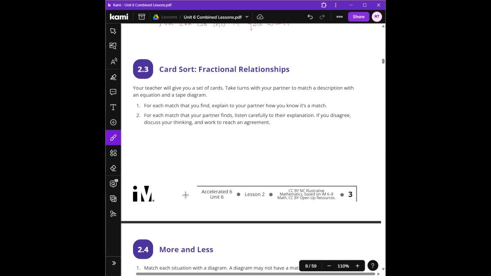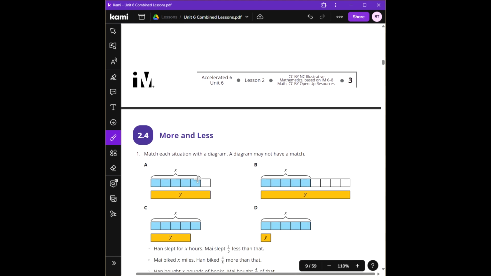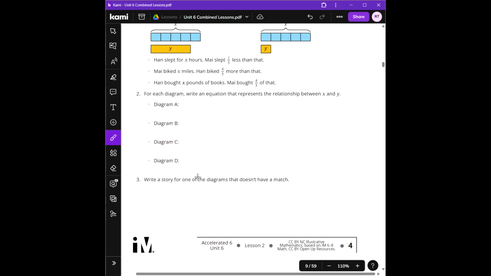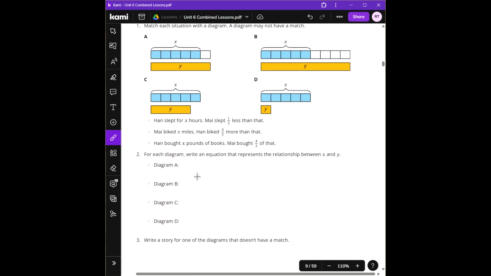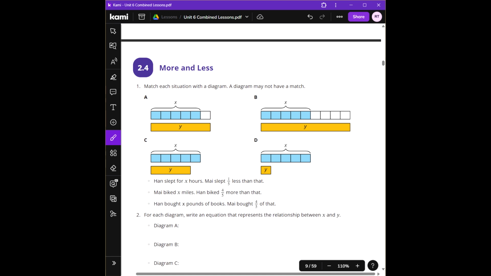For the card sort, we're going to go ahead and cross that off. And then we've got these 3 questions here. All right, so let's take a look at this.